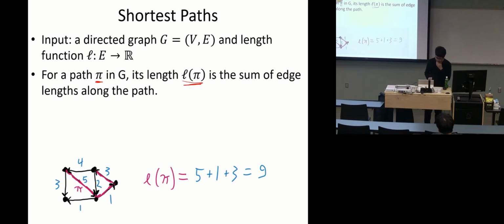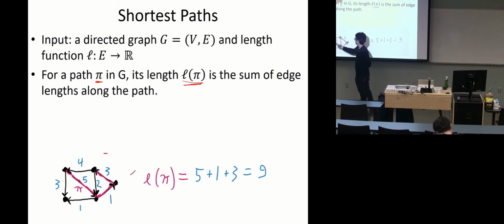For example, if this is vertex S, and this is T. Okay, this is S and this is T. Then this is an ST path.